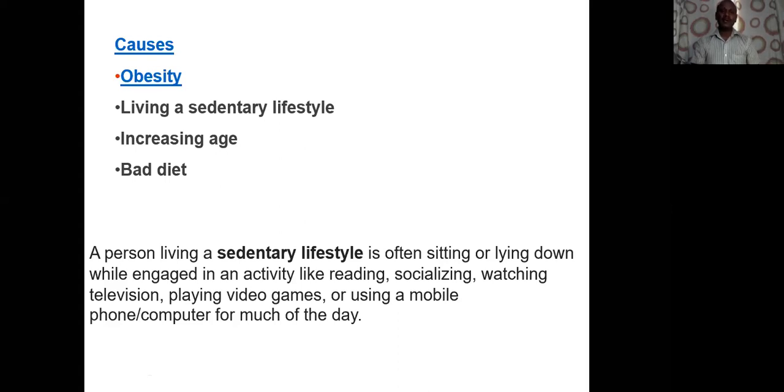Sedentary lifestyle means physical inactivity.